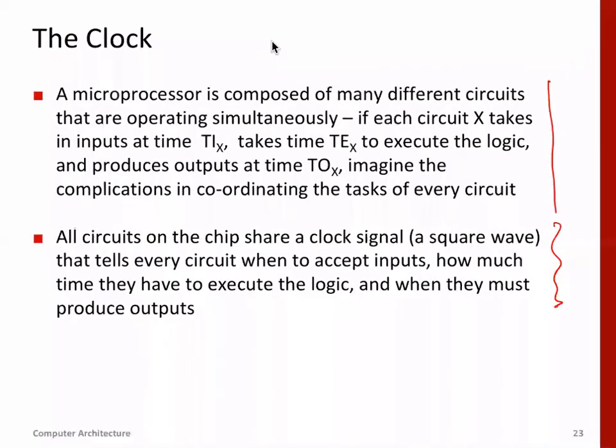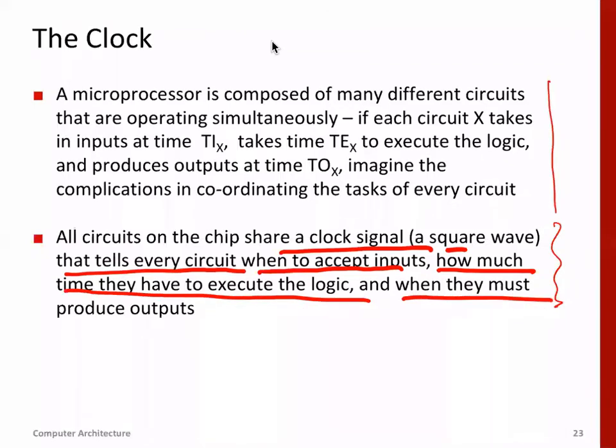So basically all circuits on a chip share a clock signal, and that tells every circuit when to accept inputs, how much time they have to execute the logic, and when they must produce output. In single cycle design, which we'll study, you have just one clock cycle available to execute an instruction, and then we have to define when we can write into a state element and when we can read from a state element or register, for example.